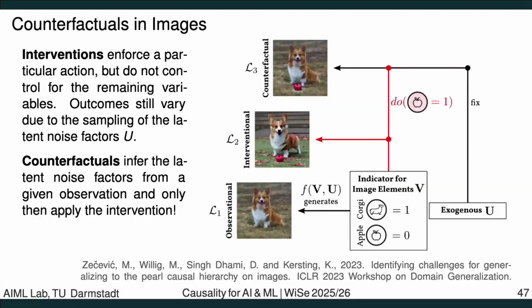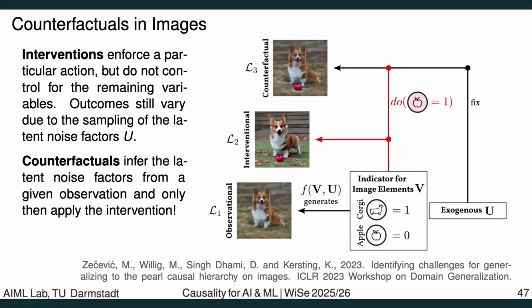So maybe because we had a lot of dry stuff on graphs and whatever, I think there's a really nice way to show this in images. So let's say you do a series of photographs of dogs or corgis, and basically on the observational level, you get a data set from your photographer, and he basically tells you, okay, here are all the images, and you just see what you have observed, what dogs you could photograph, maybe in a park or whatever.